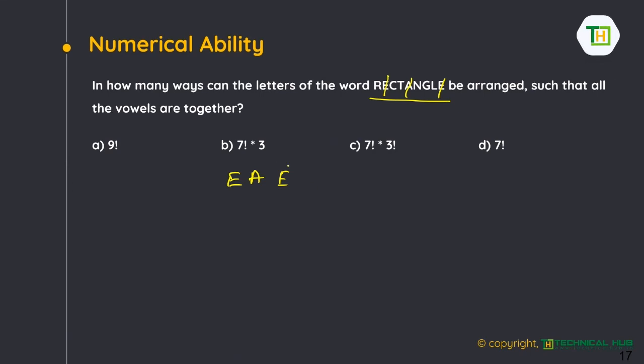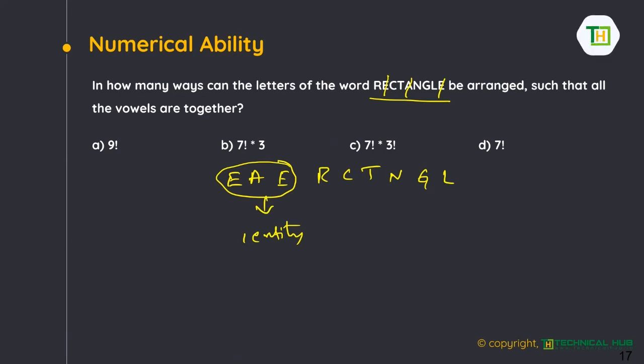According to the question, all the vowels are together. If all the vowels are together, you need to write all the vowels as a single entity. And after that, what are the remaining letters left over? R, C, T, N, G, L. These are the remaining letters that we have.